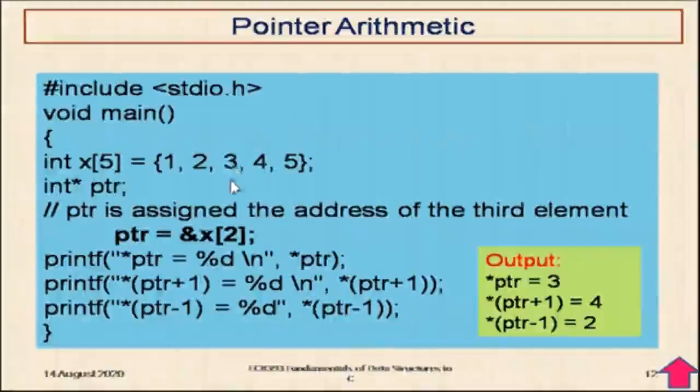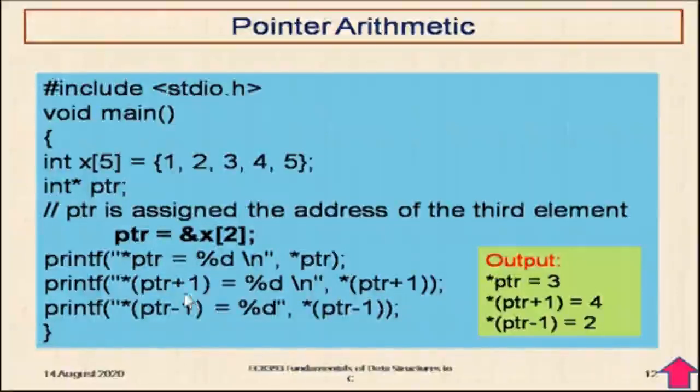So the address of this operand or data is assigned to the pointer. So you see here, *ptr: the pointer has the address of this, and the data at this address is 3. 3 will be printed.